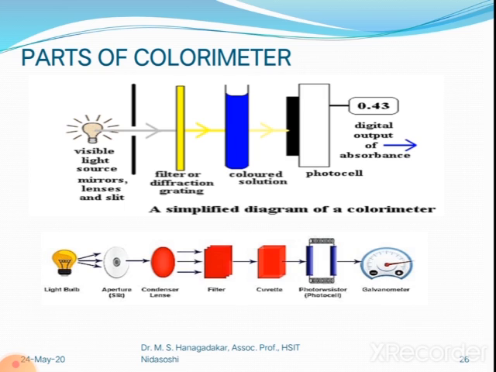As you know, the colorimeter is based on light absorption, so a source of light is essential to pass into the colored solution. The light bulb used in the instrument has a tungsten filament, and this light is passed through a slit or aperture, making it more intense.